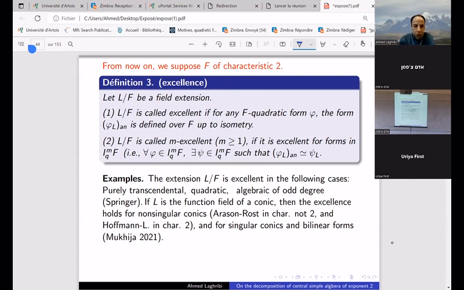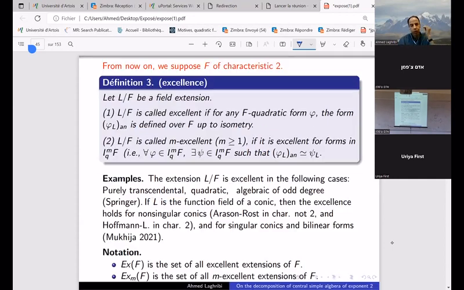So now for the rest, I will take two notations. X(F) is the set of all excellent extensions of F. And X_M(F) is the set of all M excellent extensions of F. Okay. And now I give you other examples more than what I said.